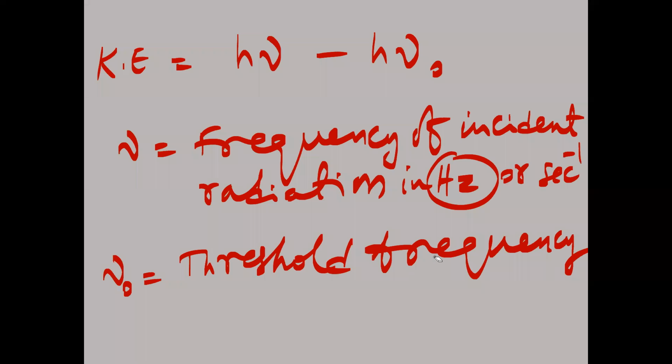The minimum frequency of the incident radiation required to eject electrons from the metal surface is called the threshold frequency. So nu naught is the threshold frequency, and nu is the frequency of the incident radiation falling on the metal surface. Yeah, take the screenshot once.